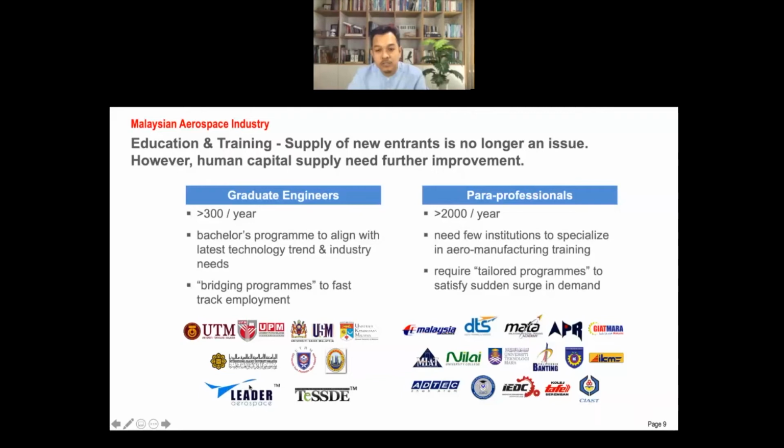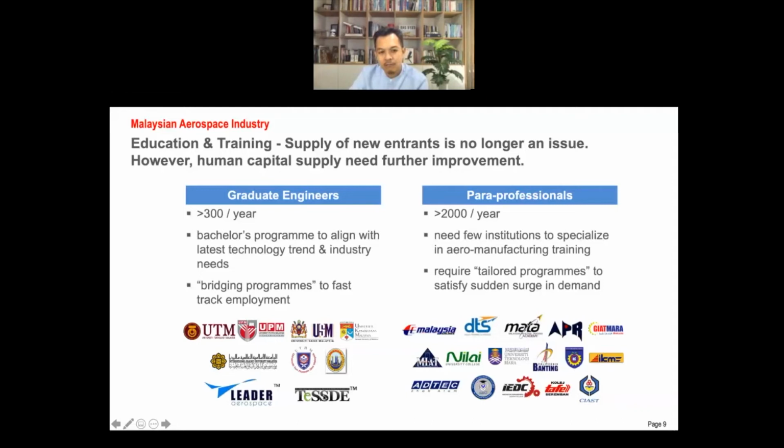This is a bridging program organized by Mike Meteor Advanced Manufacturing Sdn Bhd under MIKE, and also a bridging program called TESD. These are for graduate engineers when they come out of the university, before they go into the aerospace industry, especially engineering, design and manufacturing.